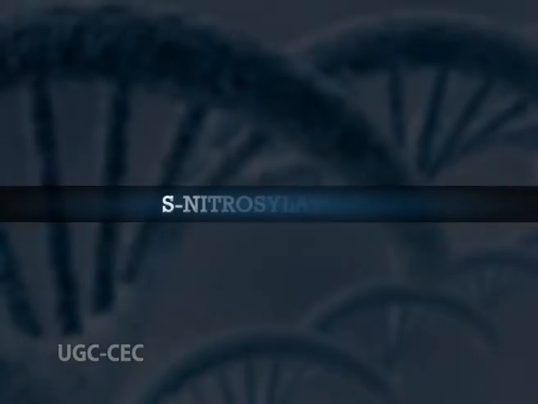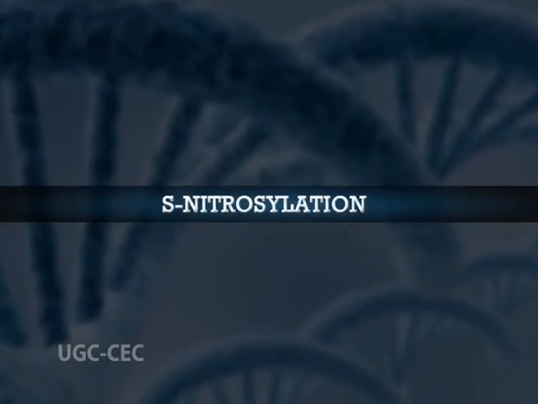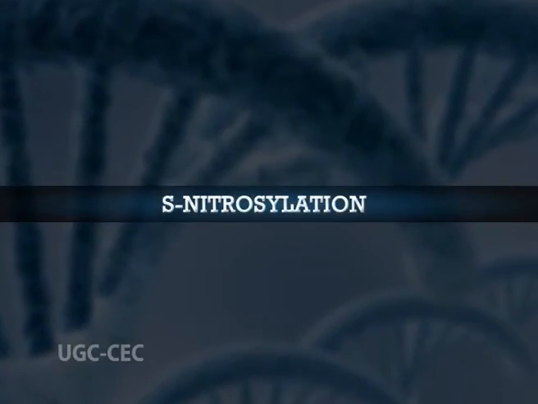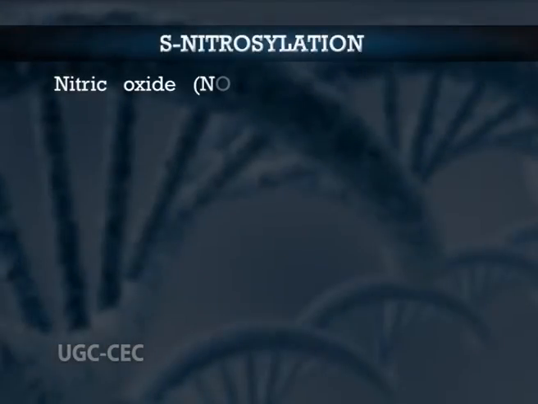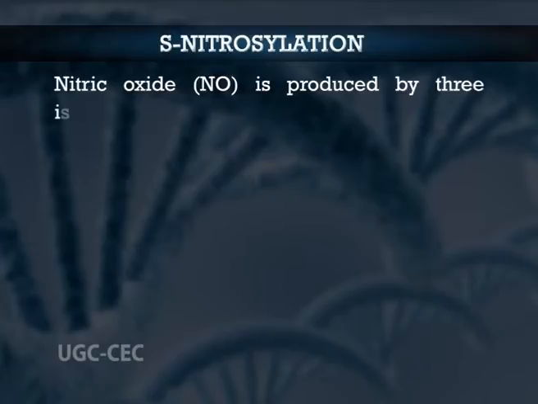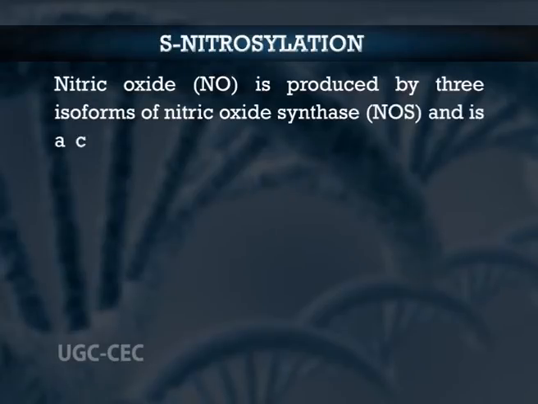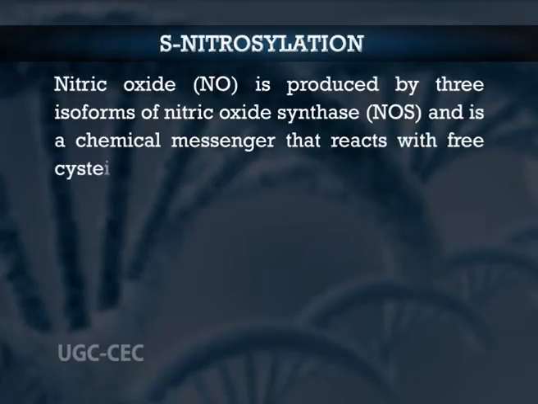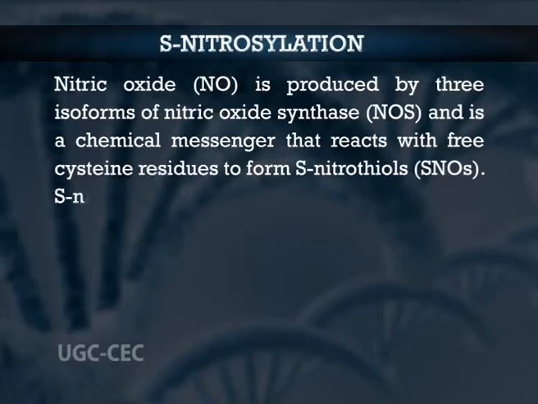In the next form of post-translational modification, we have S-nitrosylation. Nitric oxide is produced by 3 isoforms of nitric oxide synthase, also referred to as NOS, and is a chemical messenger that reacts with free cysteine residues to form S-nitrosothiols.